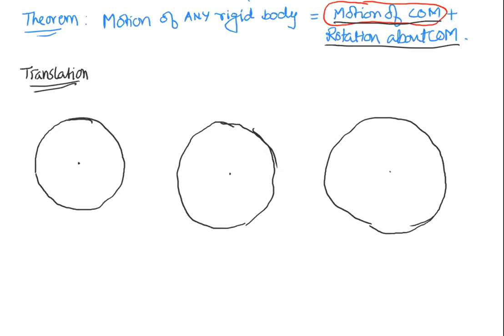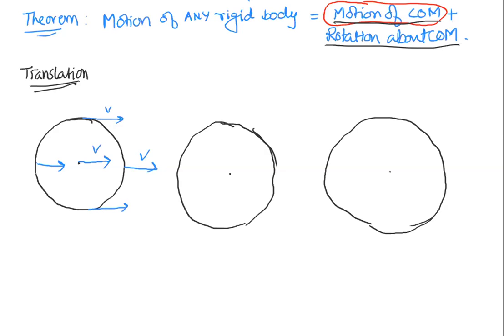I want to take this one step further. I want to elevate that a bit, and I want to now state that, look, whenever I talk about the translation of a rigid body, necessarily it means that every particle on the rigid body has the same velocity as the center of mass.